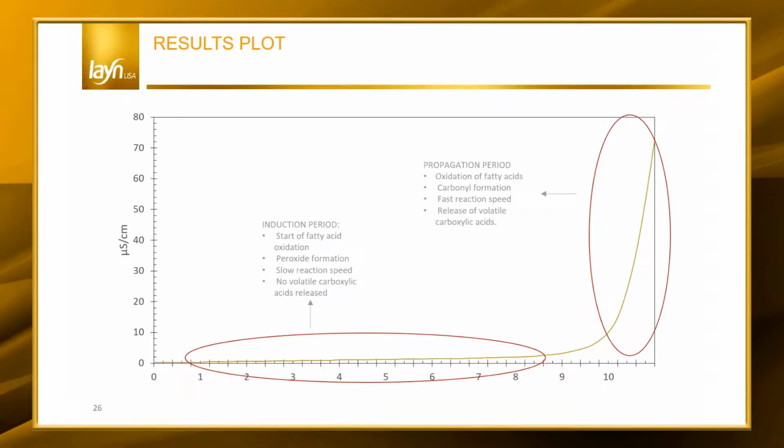The nearly flat curve on the bottom is the induction period, and the nearly vertical curve is the propagation period. With these two curves, we detect the end of the reaction, and the indicator we use is hours Rancimat.